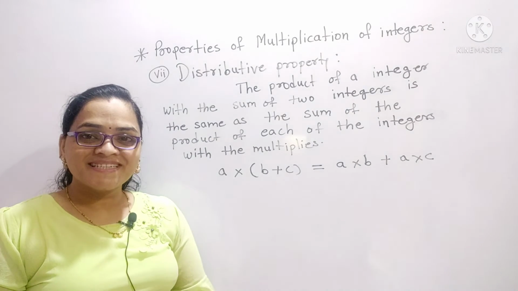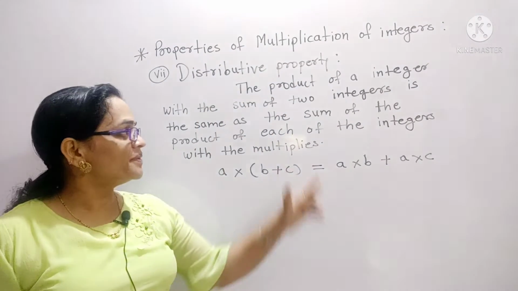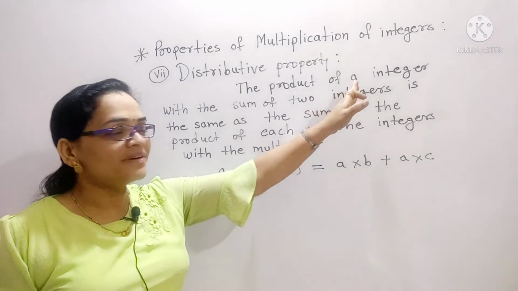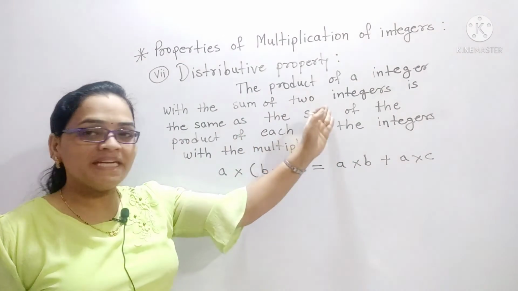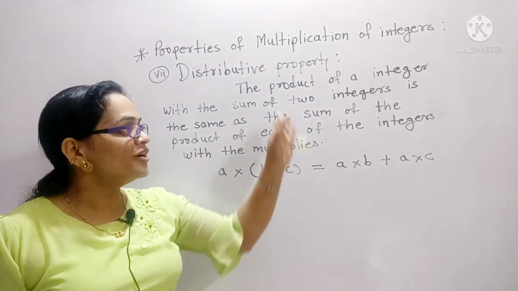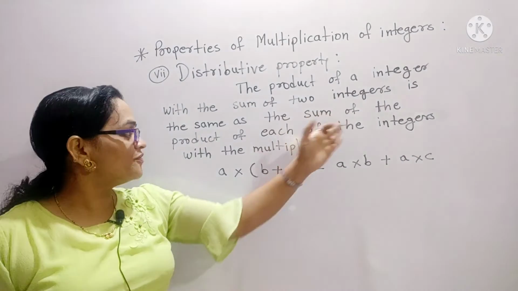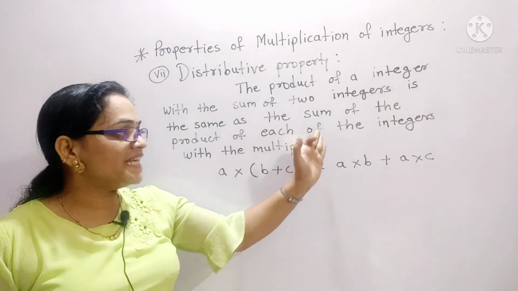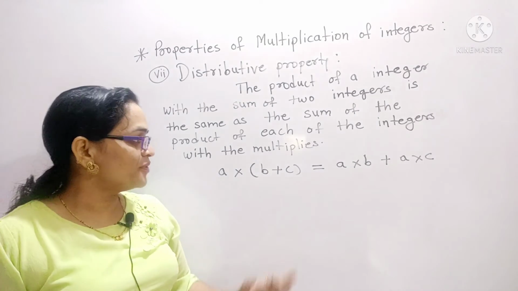Okay. What is the seventh property? See, the distributive property. What is the distributive property? The product of an integer with the sum of two integers, sum meaning addition of two integers, is the same as the sum of the products of each of the integers with the multiplier.